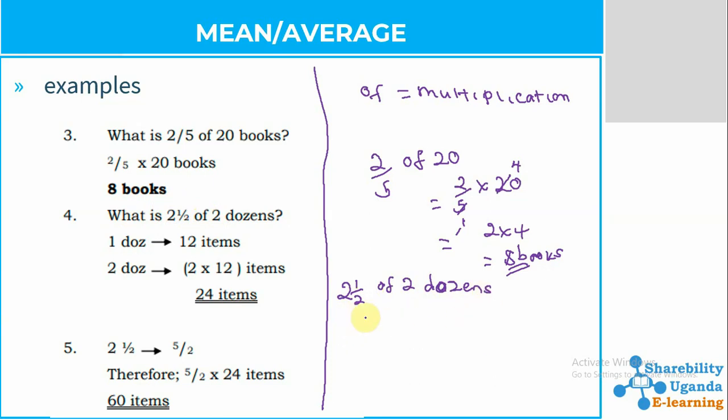So what you have to do here is to ensure that you first change this to an improper fraction, which is 2 times 2, plus 1, out of 2.